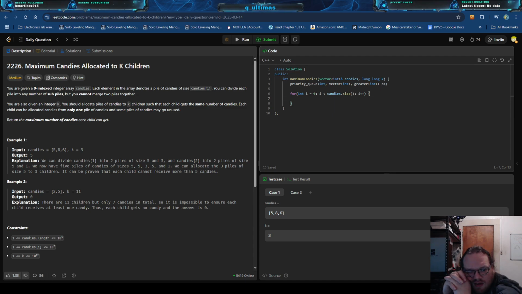Only 7 candies. Subpiles. Maybe priority queue is not going to work.